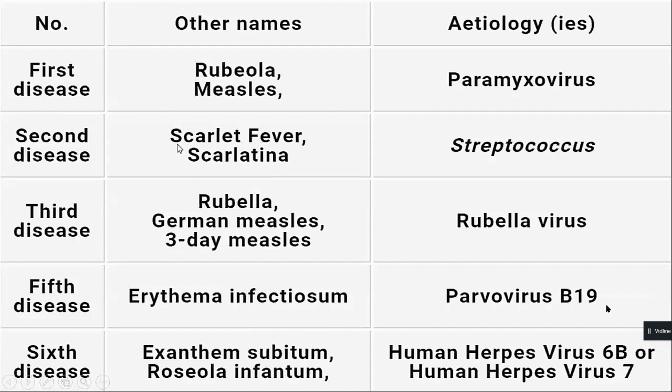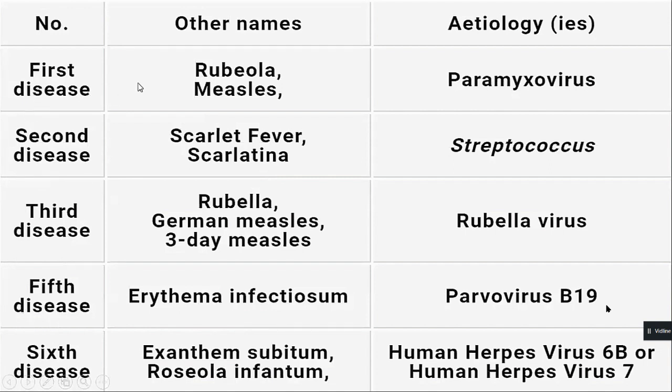The most common childhood exanthems. So you talk about first disease, second disease, third disease, fifth disease, and sixth disease. They can ask you about any of them in the exam. So you have to study them very well.